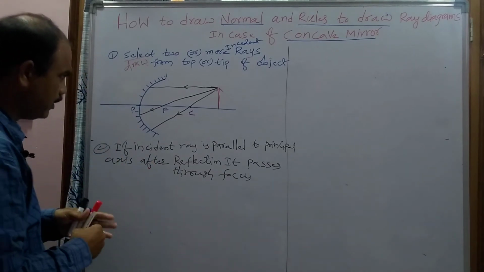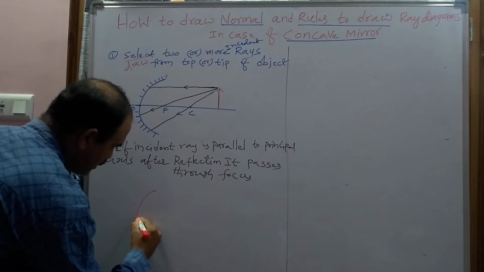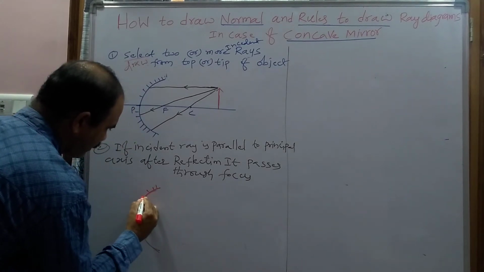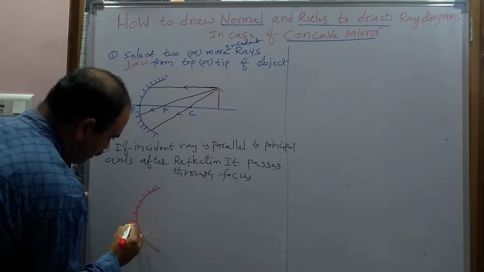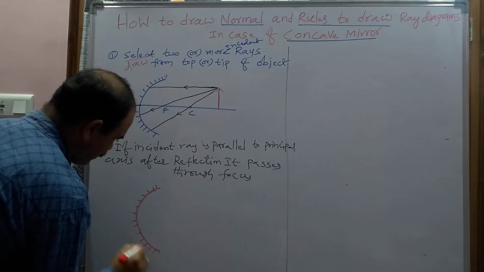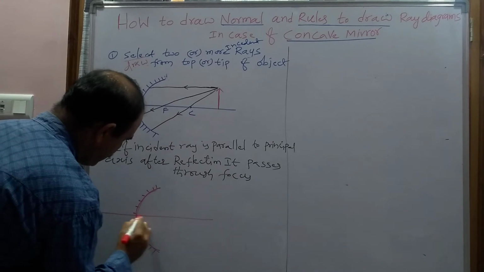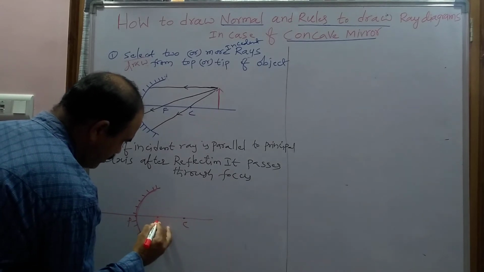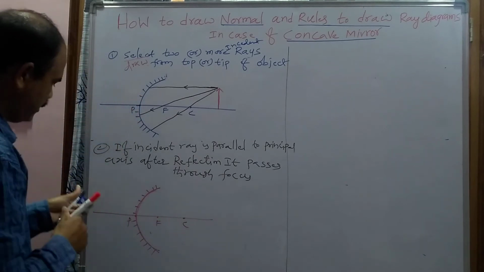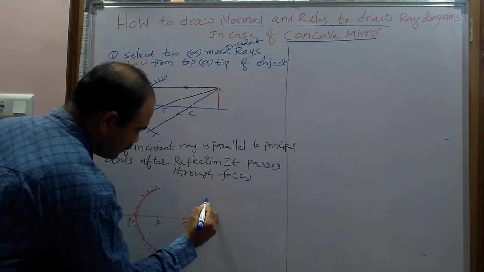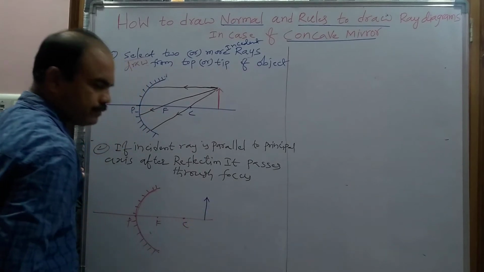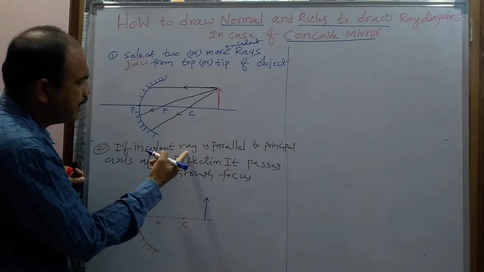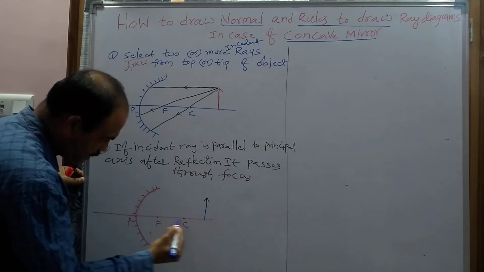So now imagine this is the concave mirror. This is the pole, and consider this is the center of curvature. Between them is the focus. Now consider here is an object somewhere on the principal axis. If the incident ray is parallel to principal axis, this is the principal axis.